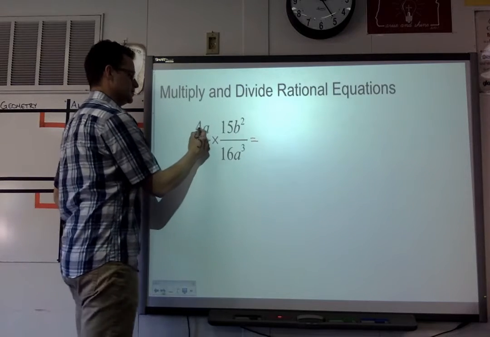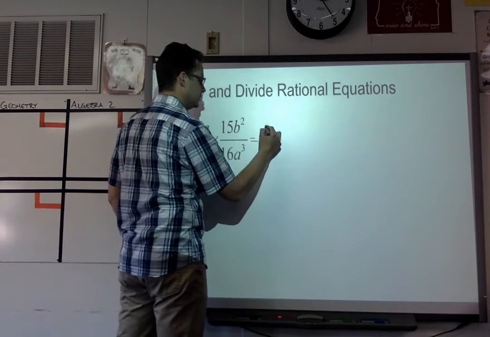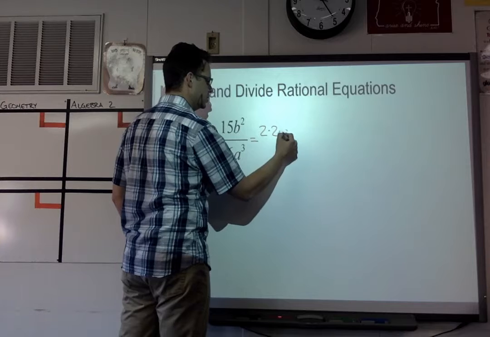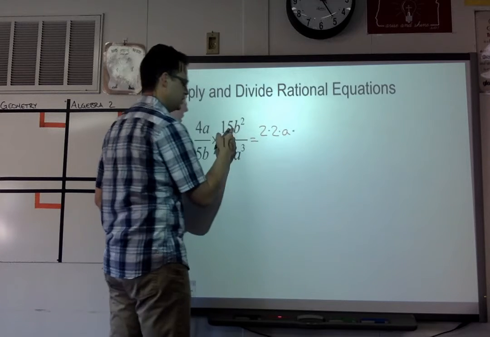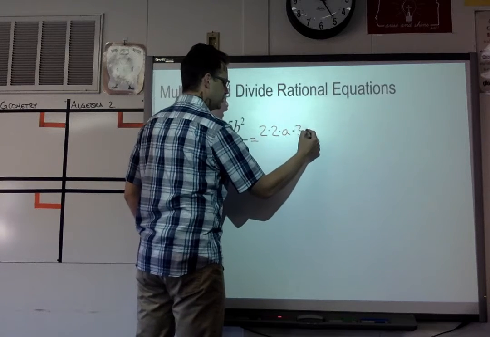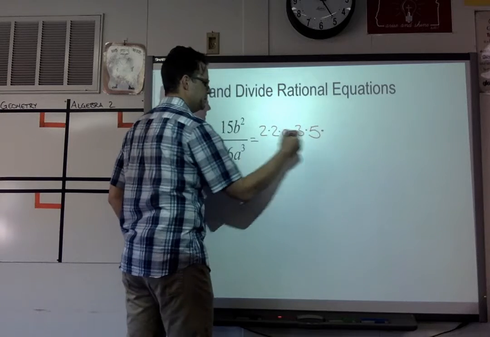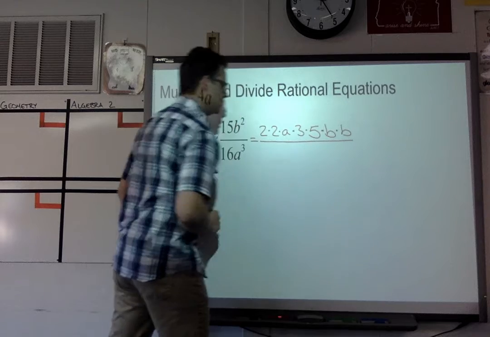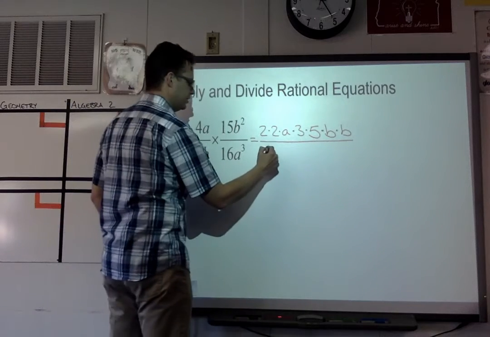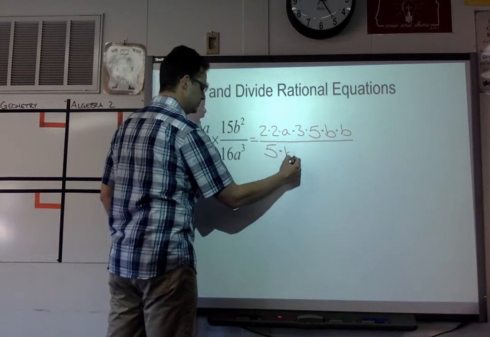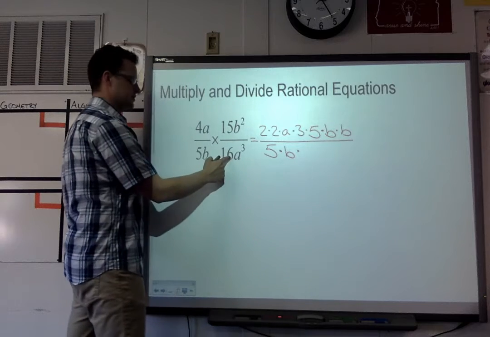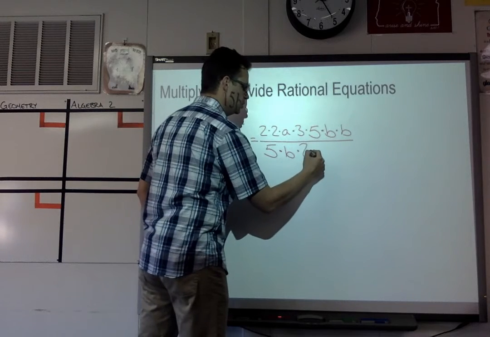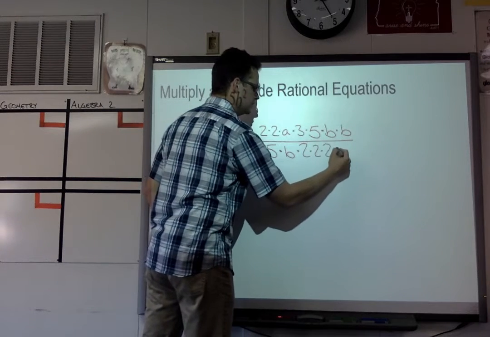So 4a would become 2 times 2 times a. 15b squared would become 3 times 5 times b times b. Then we're going to put that over 5 times b times 16 would be 2 times 2 times 2 times 2.